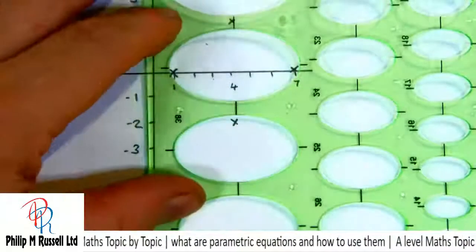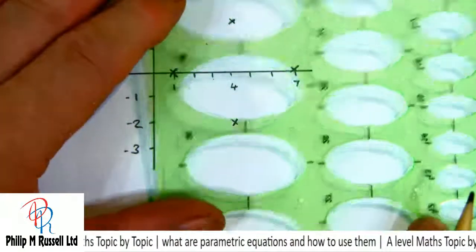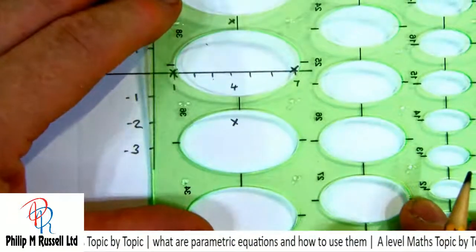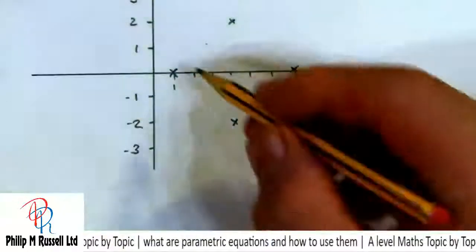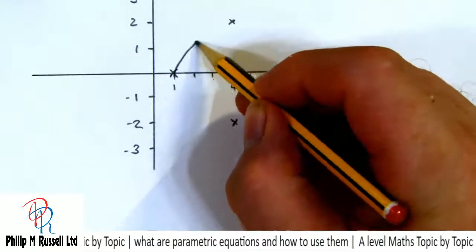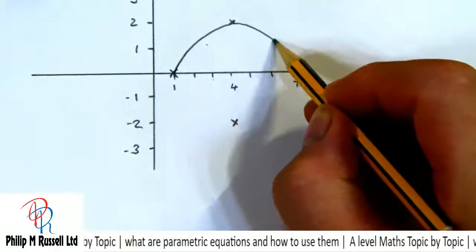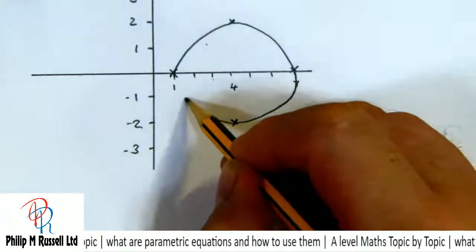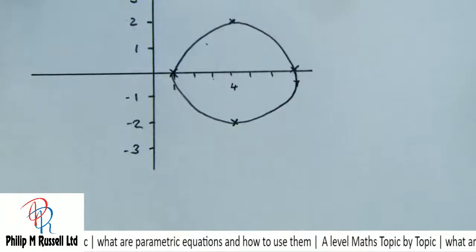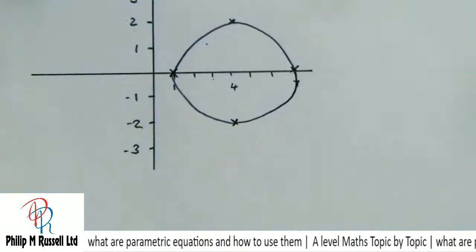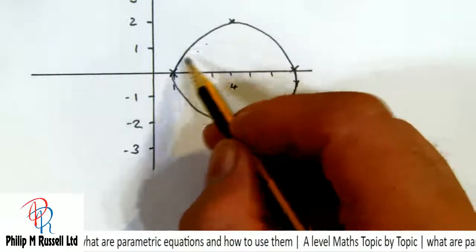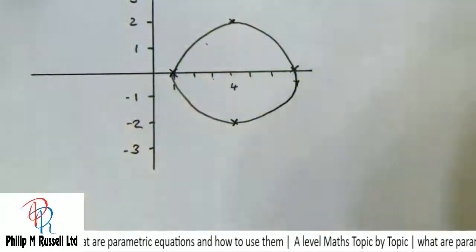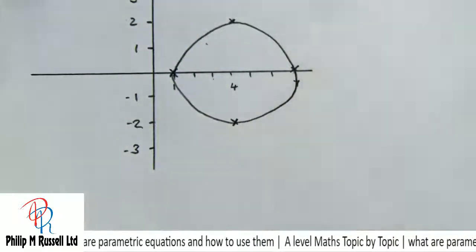I don't have one the right sort of size for this, so we'll just make our own up. And how awful is that? But basically this is going to be some sort of ellipse.